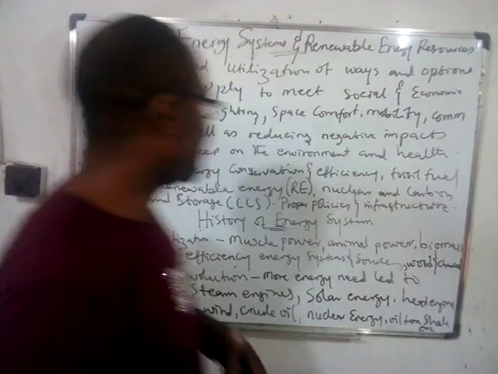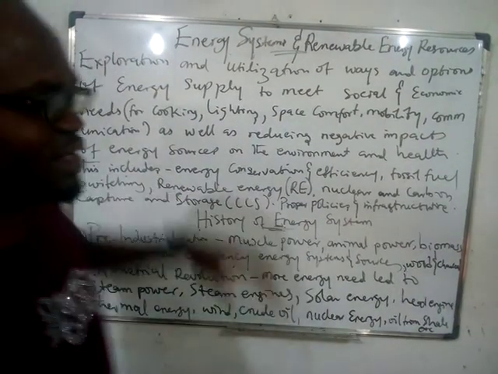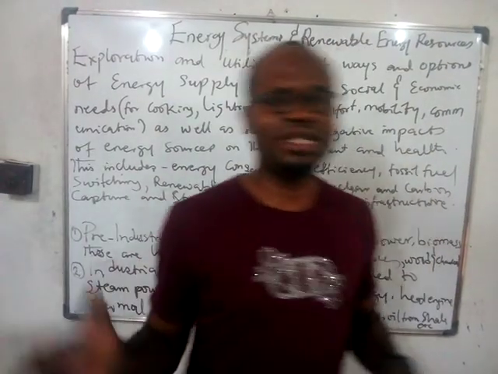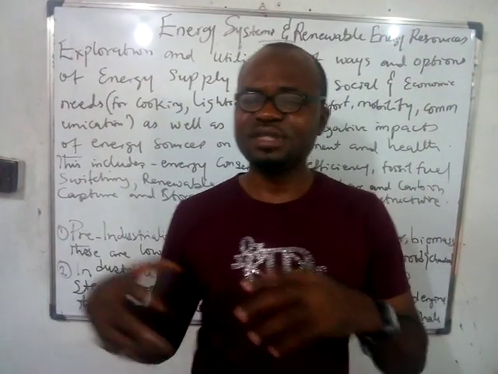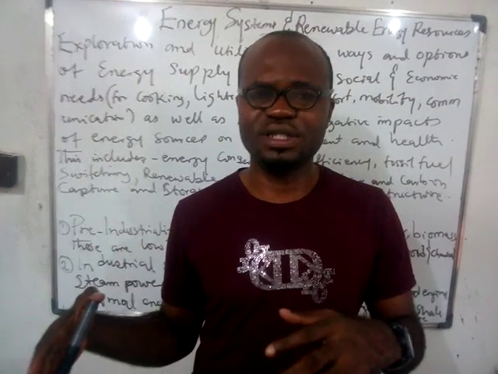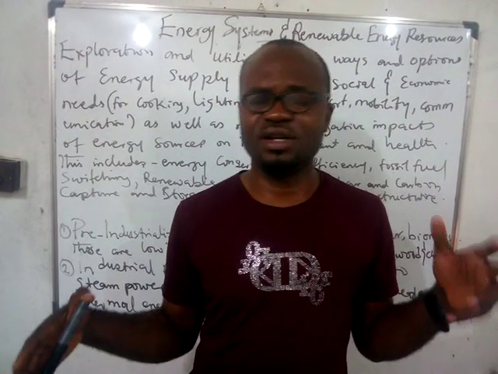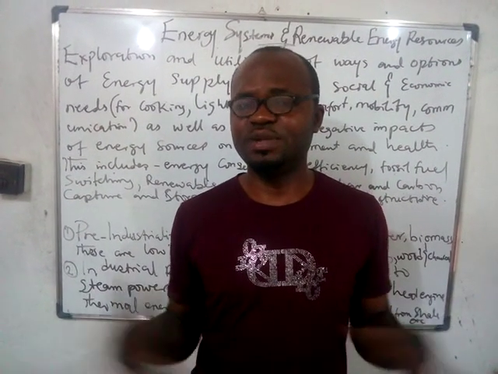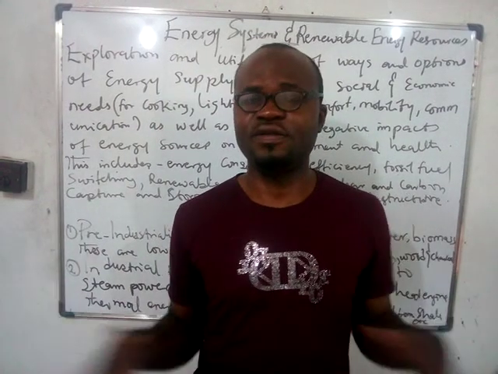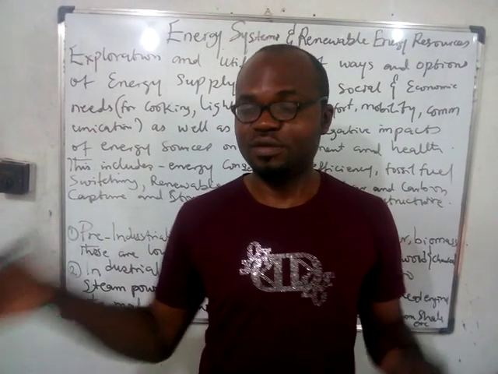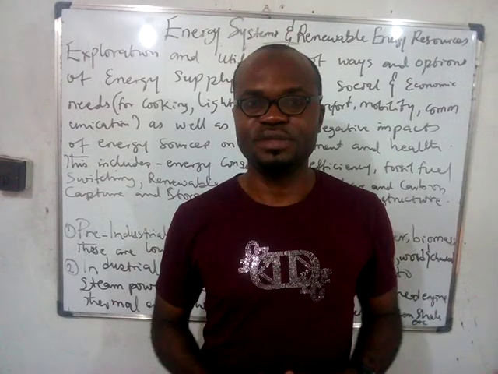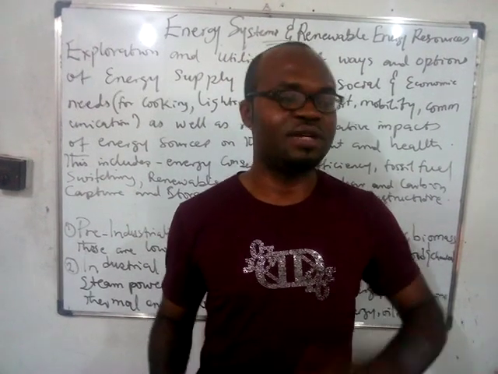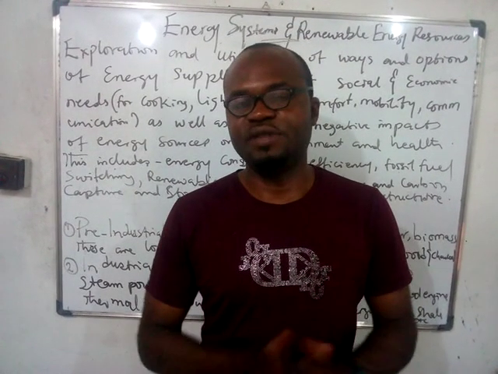So we need to look at other areas, and we know that for non-renewable energies like fossil fuel, the rate at which they are produced is not the same as the rate at which they are consumed. So it is predicted that we could run out of fossil fuel. So we need to find other forms of energy that we can be using apart from fossil fuel.